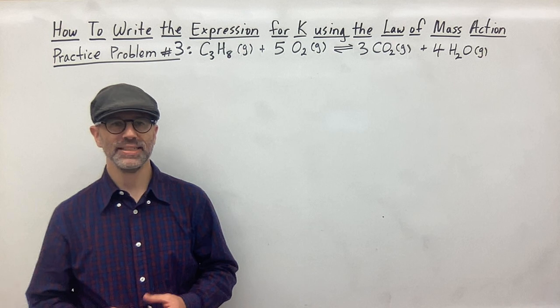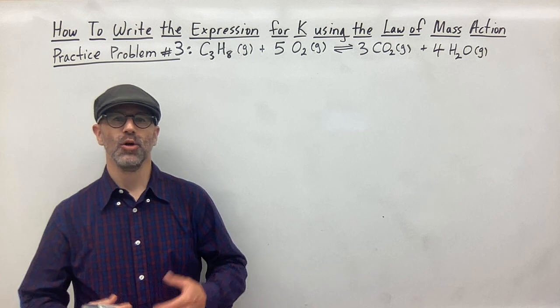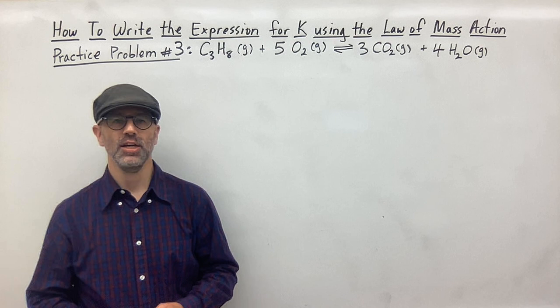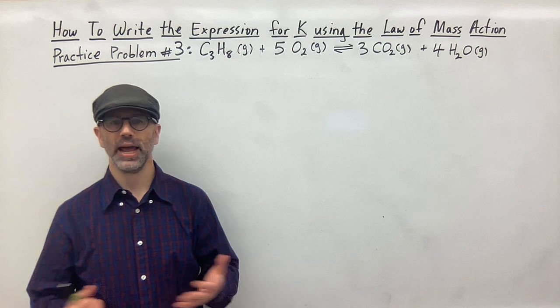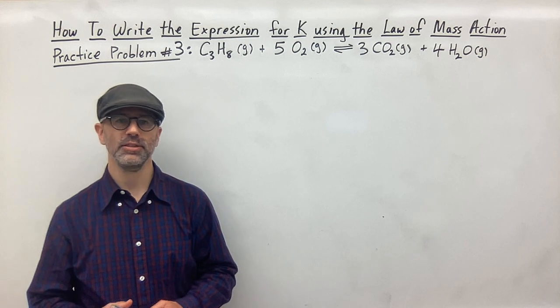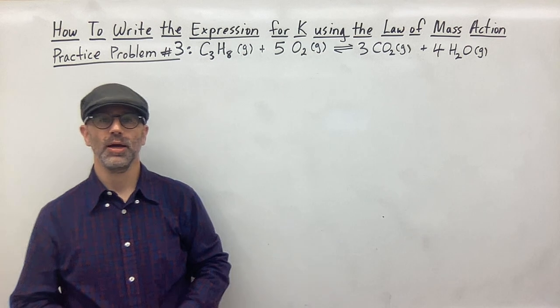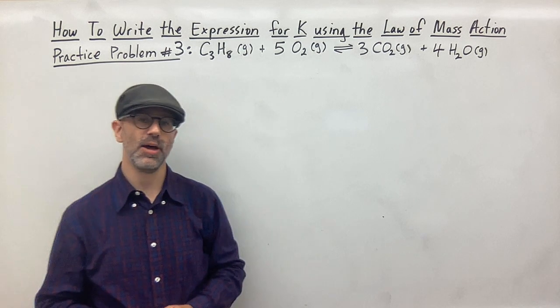The law of mass action basically says that rates of reactions are based on the concentrations. This includes forward and backwards reactions. If you have an equilibrium, then both of those are happening at the same time.